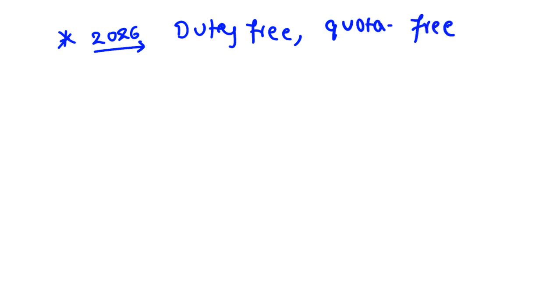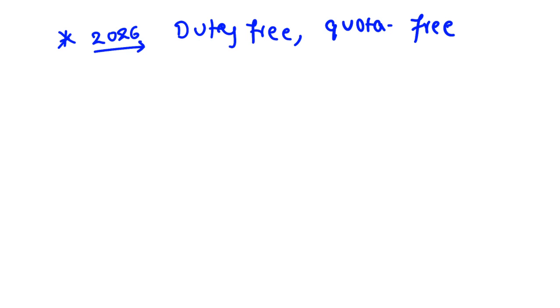Quota means without any limits Bangladesh can do market access of India. So this facility is going to exist until 2026, and before that we are eagerly waiting to go with the comprehensive economic partnership agreement. After the expiry of 2026, the present CEPA would continue.